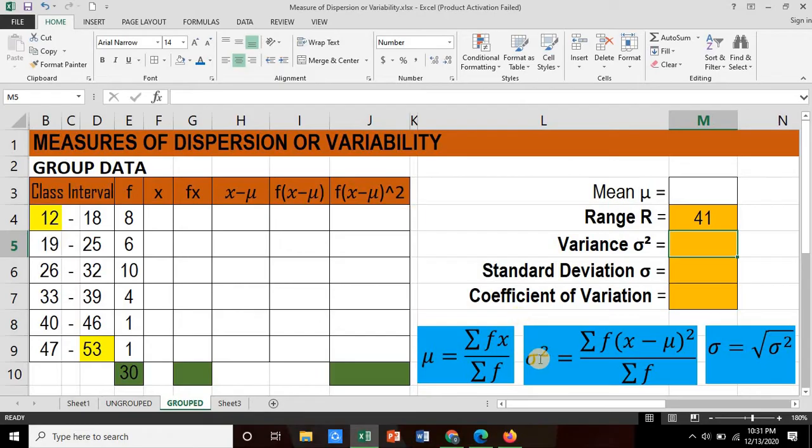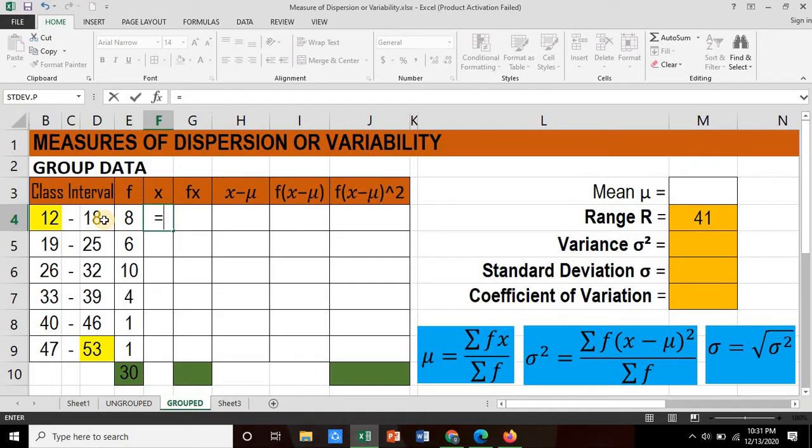To compute for the variance, we'll be needing this formula: the summation of the product of the frequency and the square of the difference of the midpoint and the mean, divided by the summation of the frequency. So we need to complete the column for the midpoint, that is x, which is equal to the average of the lower limit and the upper limit of each class interval.